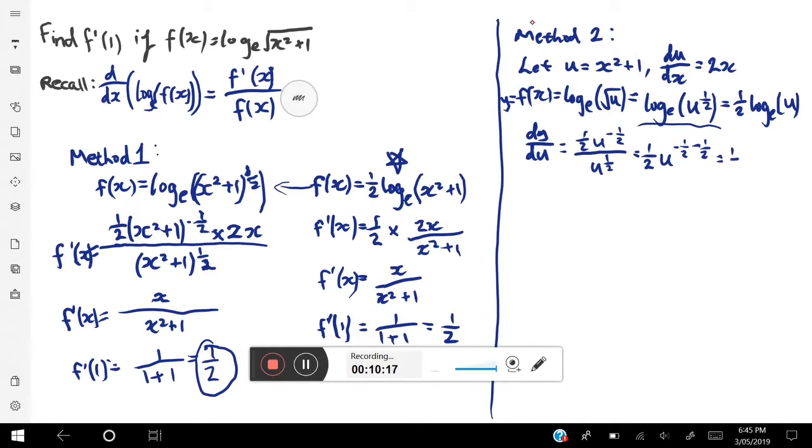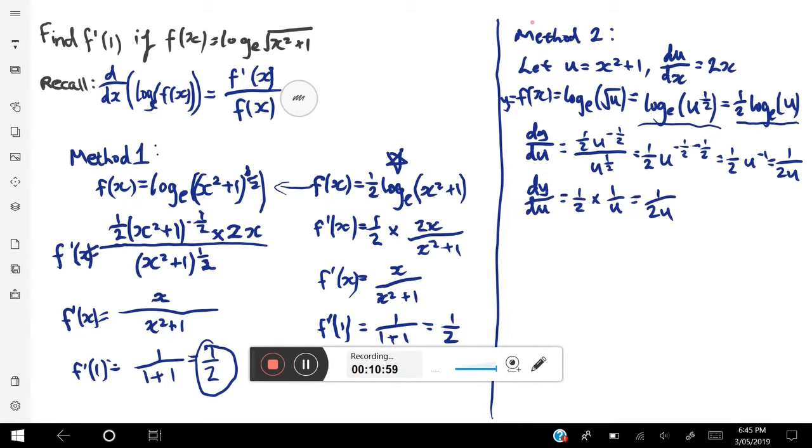So that gives you a half times u to the negative 1, which is just 1 on 2u. If you use this version here, then same thing. You would have dy du equal to a half times 1 on u, which is 1 on 2u. That's because if you differentiate u, that's just 1, so it's just 1 on u.